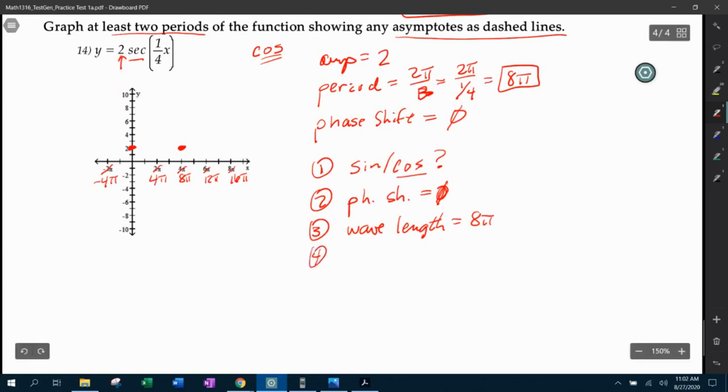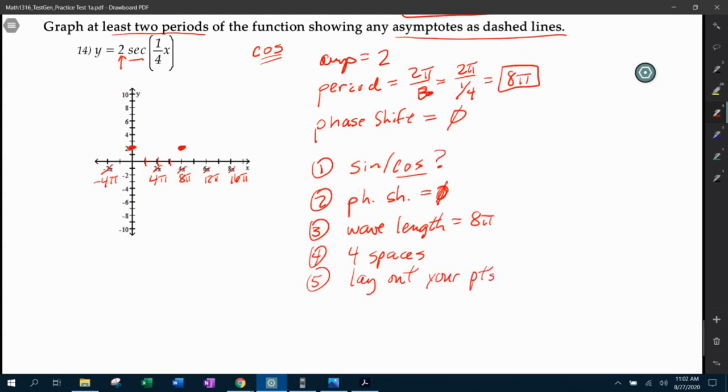Step number 4, I need 4 spaces. And I've got on here 1, 2, 3, 4 spaces. Step number 5 is lay out your points. And since I'm starting up at 2, at the first hash mark, I'm going to hit the x-axis.